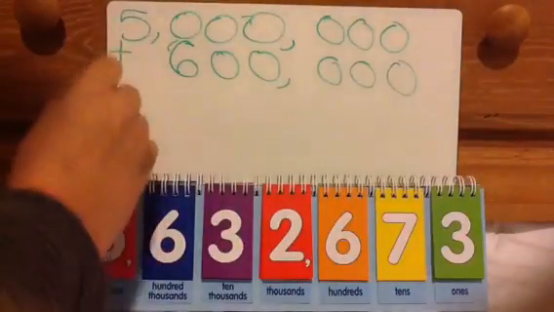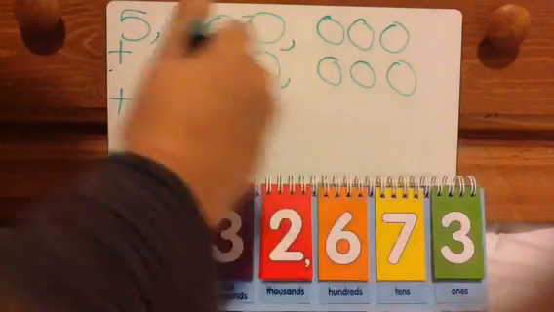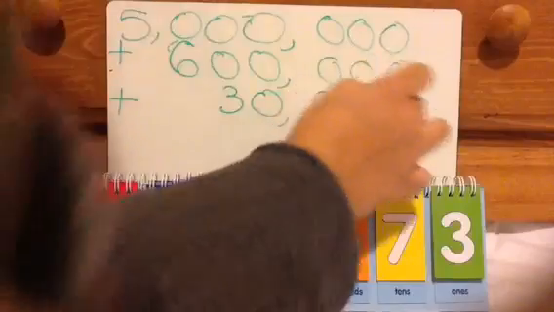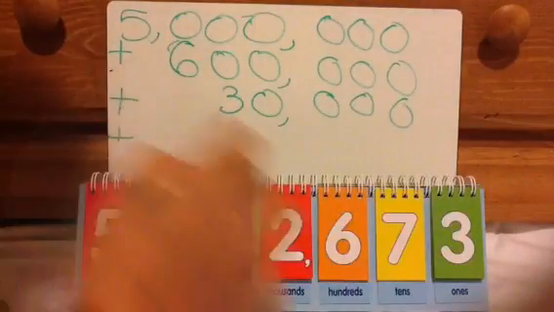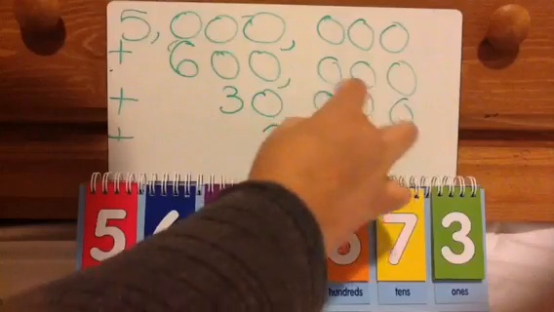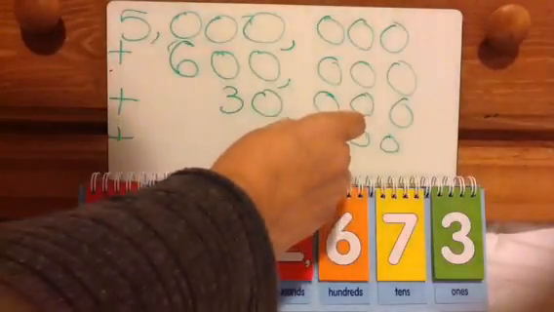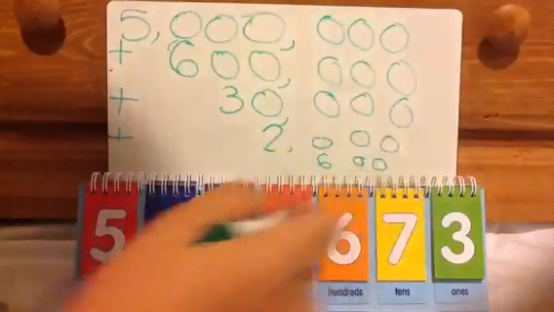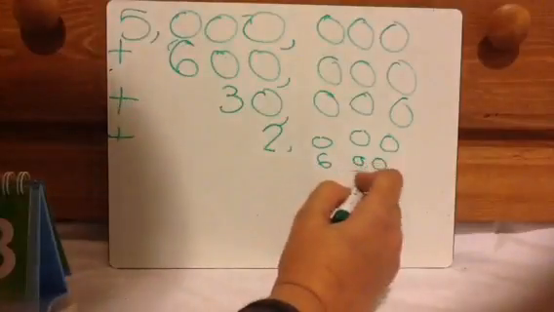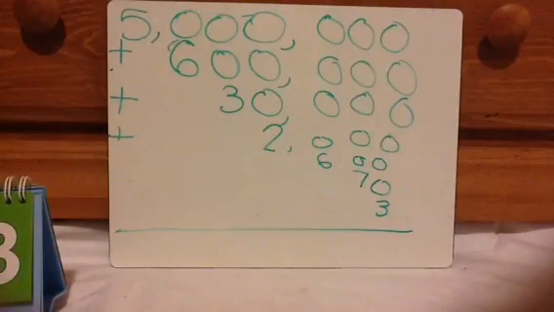Plus, this is the 10,000s place, so 30,000. Plus 2,000. The thousands place is here. I know it's getting hard to see, I'm running out of room. Plus 600. Plus 70 plus 3.